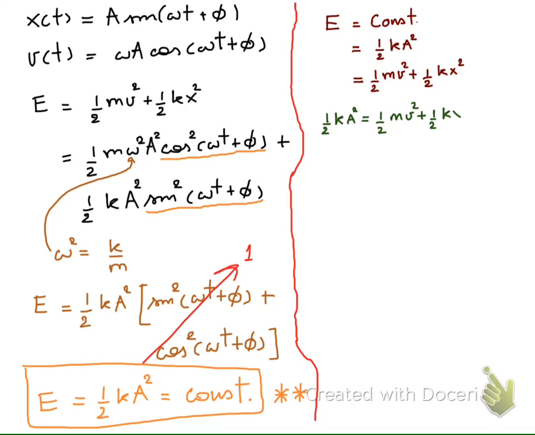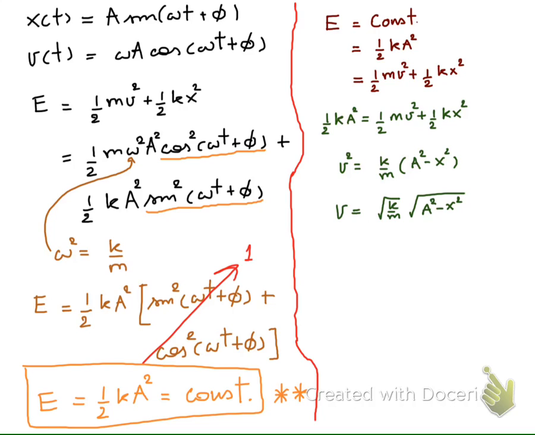1/2 k x square. If we want to solve for the velocity, we will have that v square is equal to k over m of a square minus x square, or v is equal to the square root of k over m times the square root of a square minus x square.